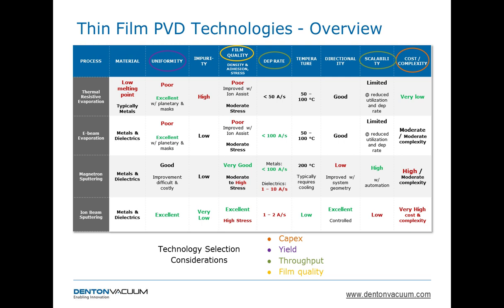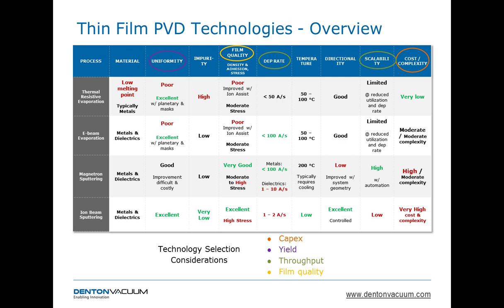After the cost considerations, we're moving to somewhat related, yield, which goes into the cost of ownership, and throughput. As you can see, there is also quite a differentiation here between different technologies.